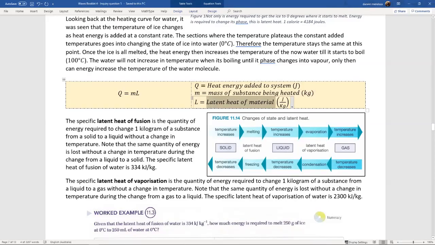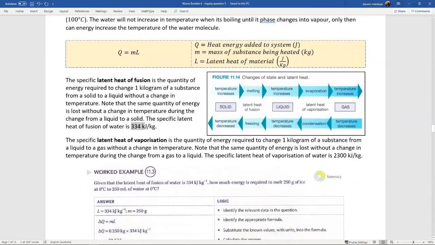Now they're a bit different. So if you want to go from solid to liquid, there's a certain constant for it, and we call it the latent heat of fusion. And this one happens to be 334 kilojoules per kilogram. And if we want to go from a water to a gas, we have to add 2,300 kilojoules per kilogram, right?